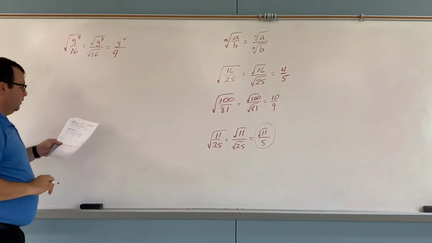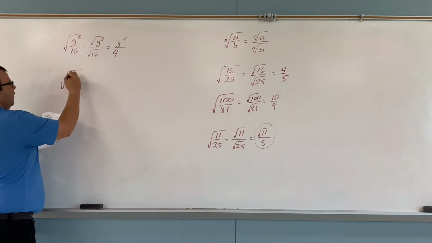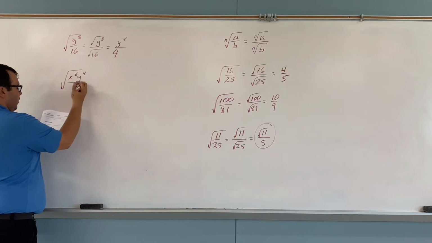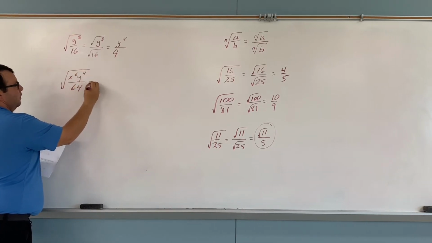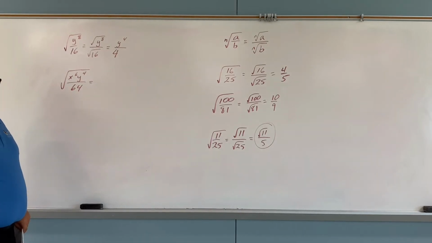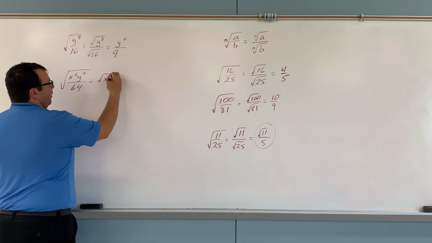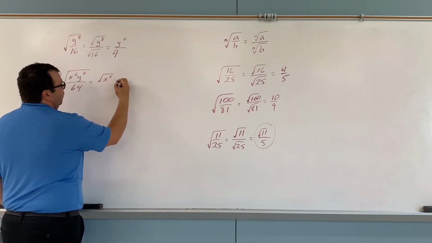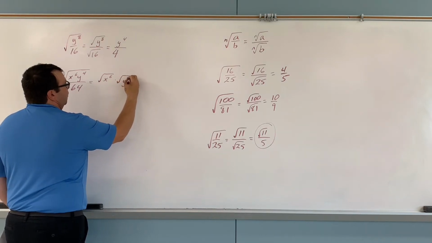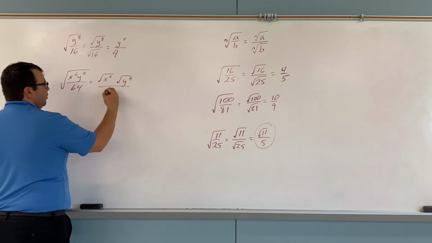How about the square root of x to the 6th y to the 4th over 64? Sure, you could still split this up. You could technically split it up even as a product rule up here in the numerator if you needed to, just kind of working in reverse, so that you're looking at each individual component.